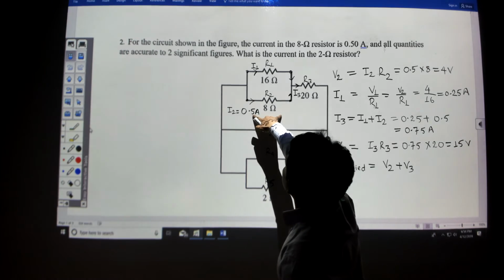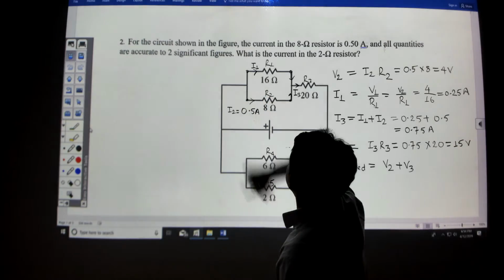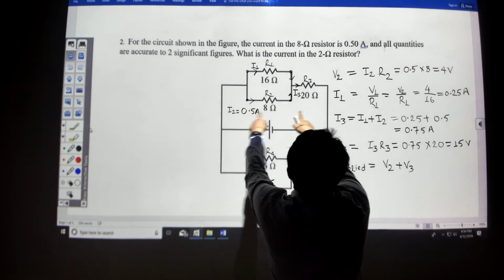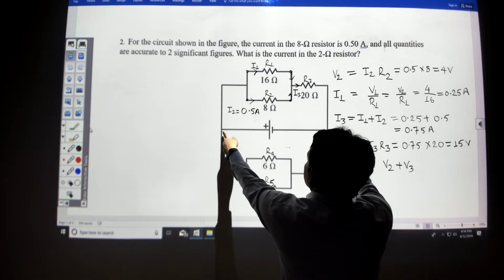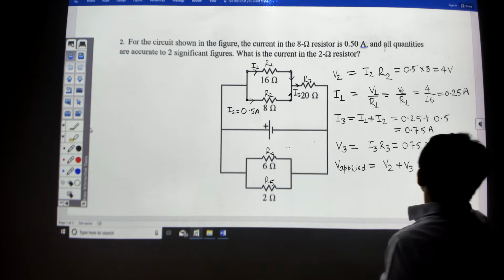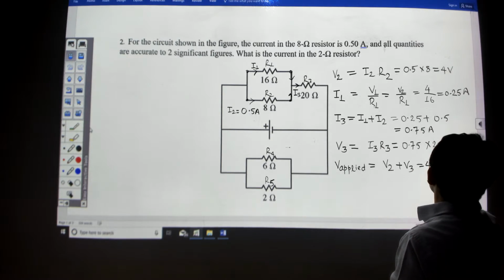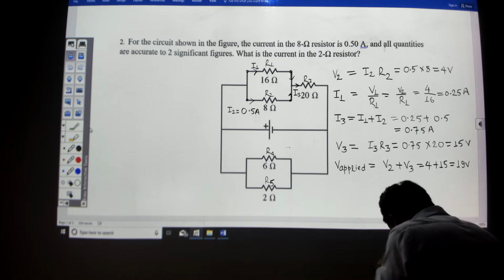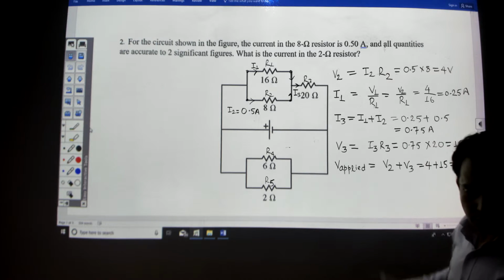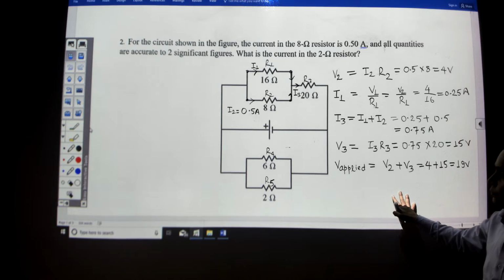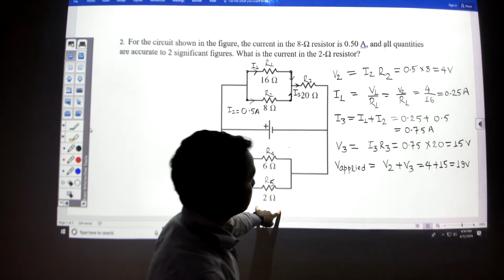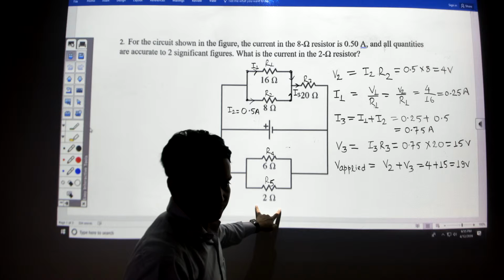V2, or we can call it simply V1 because V1 and V2 are exactly the same, plus this potential. This is equal to 4 plus 15, and we have 19 volt. So we got the total potential now. So the applied potential across this 2 ohm resistor is now 19 volt.